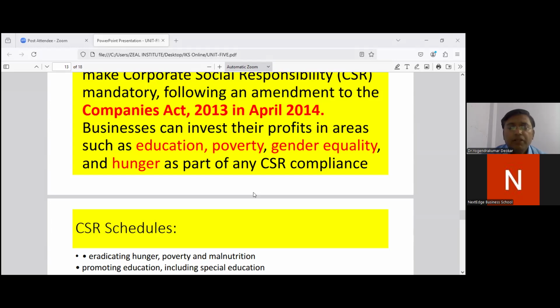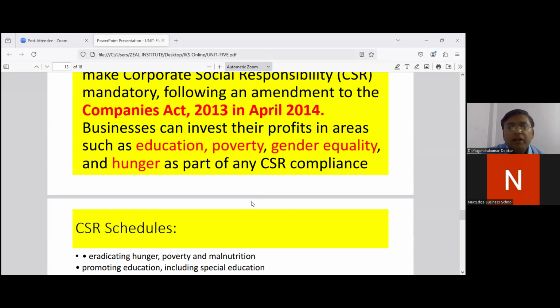If the company's net profit is 100 crore rupees, then they must utilize 2 crore rupees for CSR in given subjects like education, poverty, gender equality, and hunger. Why? What is the purpose? Why was this made compulsory?